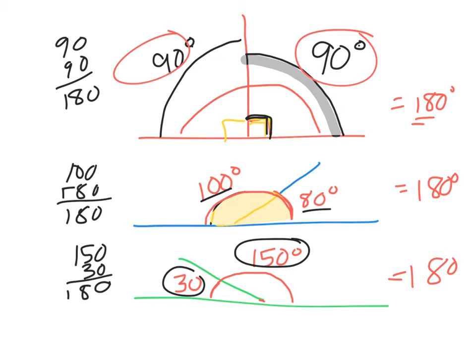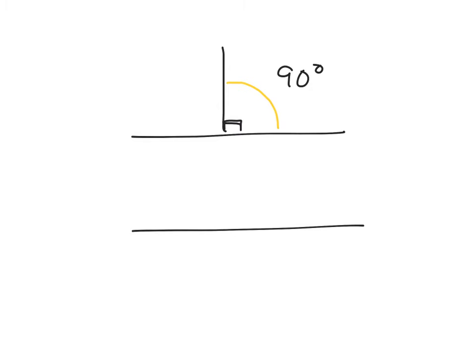Okay? So this angle from here to here is a 90-degree angle. And these two angles from here to here together are 180 degrees. This one would be 100, for instance, and this would be 80.